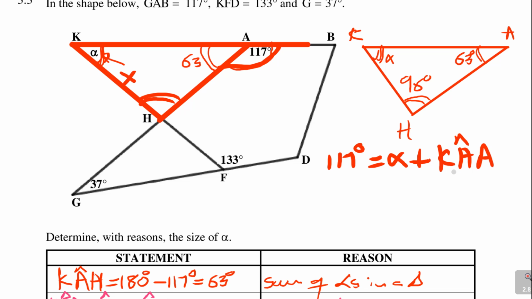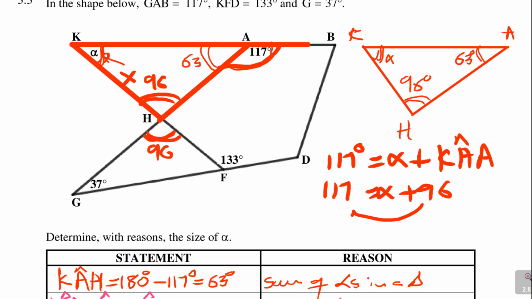So now KHA, you come back and first solve it like this. Remember you have to find now the angle here. We have to find this one, and we find that it was 96, and then you say 117, because you know that this is 96, right? 117 is equal to alpha plus 96, and then take 96 to the other side.